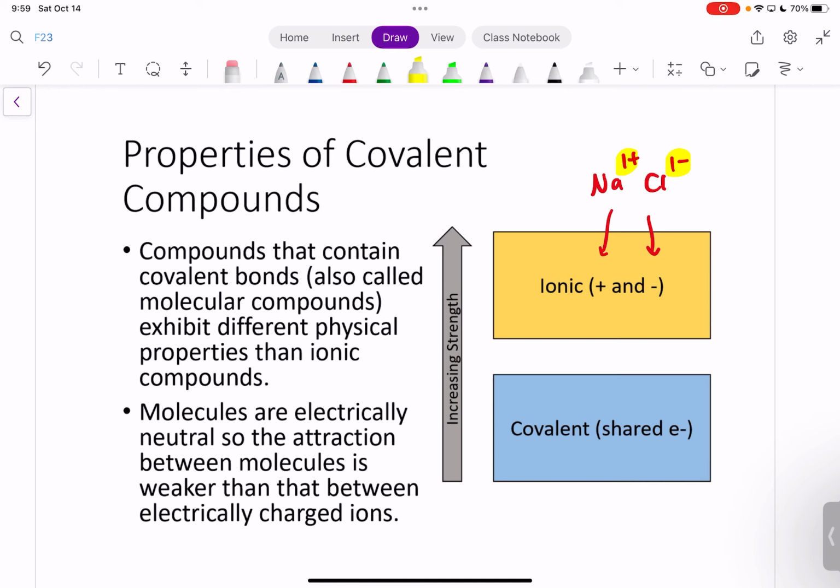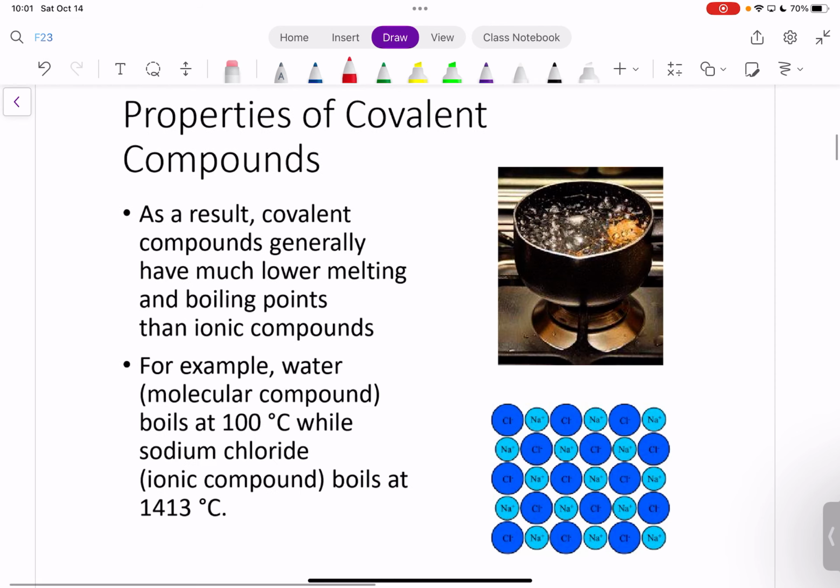Because they really want to be neutral. So they're going to stick together as much as possible and not want to leave each other's side because they have that difference in charge. So that makes them a stronger bond. Whereas covalent compounds, they don't have that difference in charge that's fueling that strength in a bond. There's no attraction between those other neutral molecules like there is for ionic compounds.